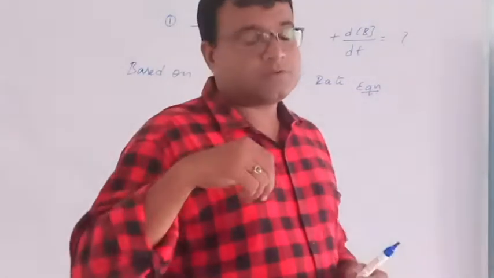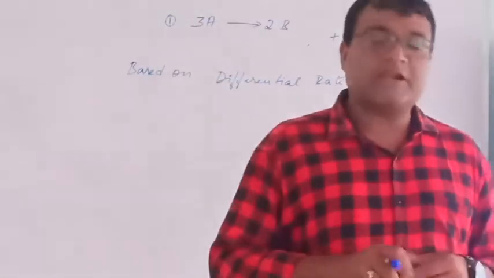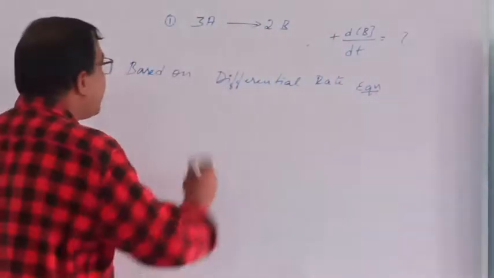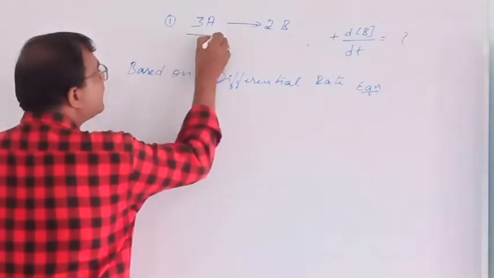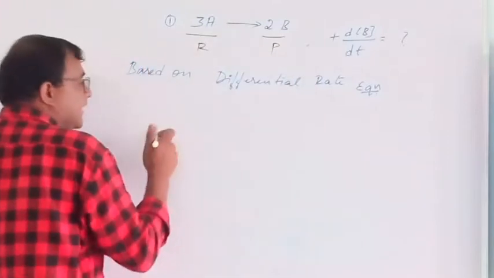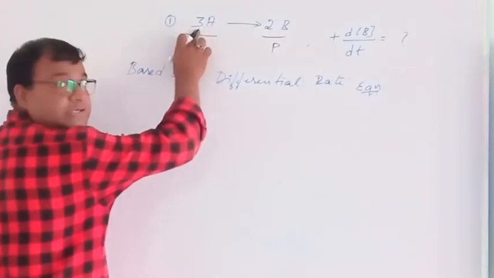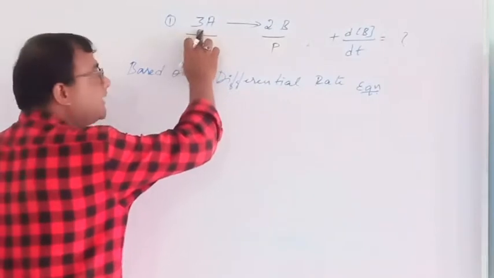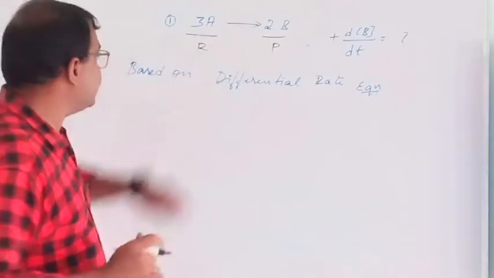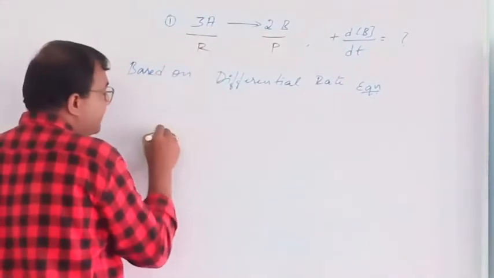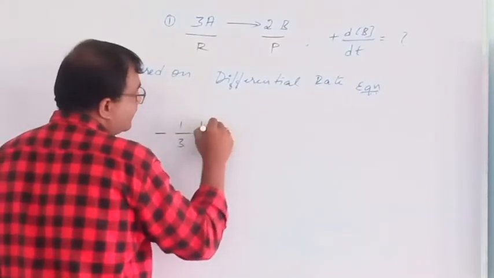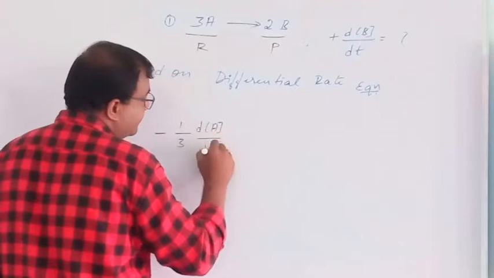Now how to write the differential rate equation? For this equation, we can write it in this way. This is the reactant, this is the product. We know this is the coefficient of the reactant, this is the coefficient of the product. I will write it now. Minus 1 by 3 dA by dt, why minus?